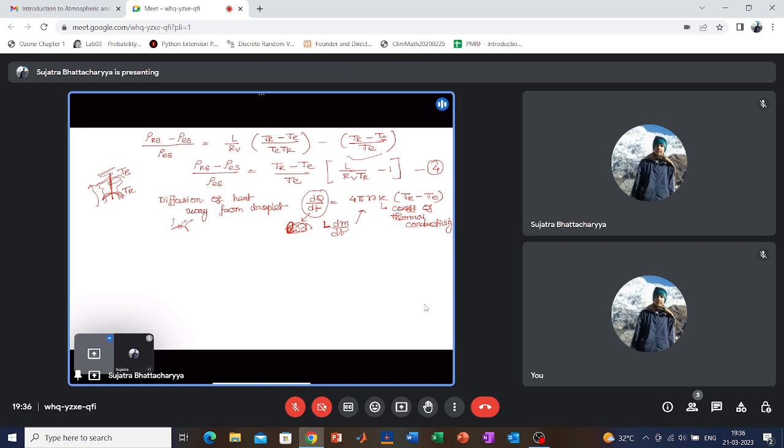So the latent heat as well as the conduction will take place. Fine.